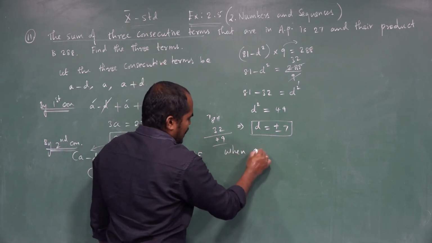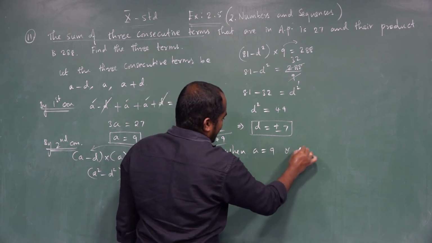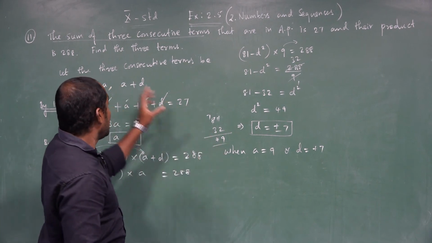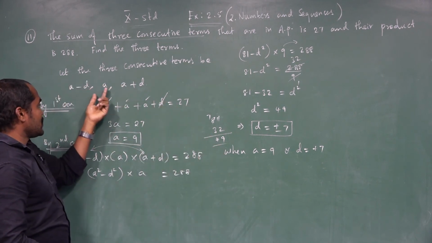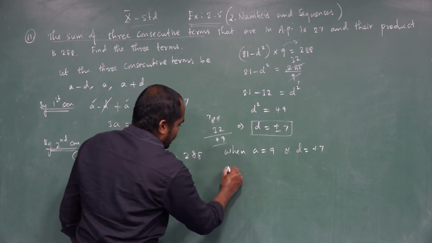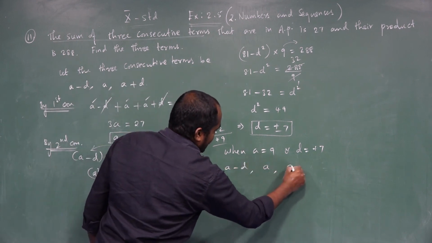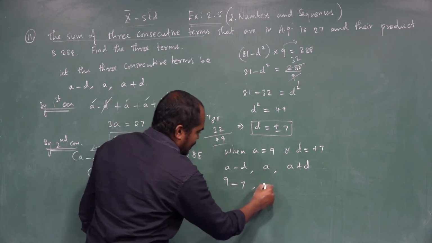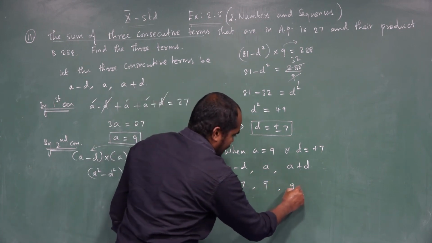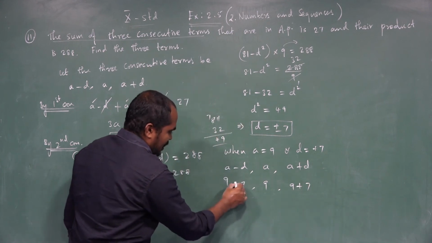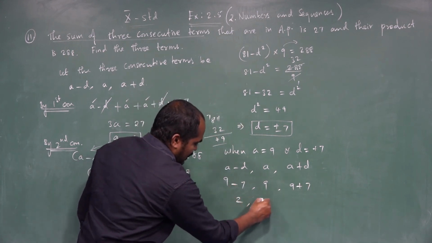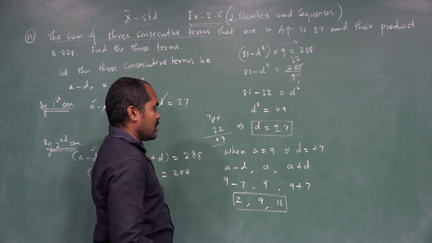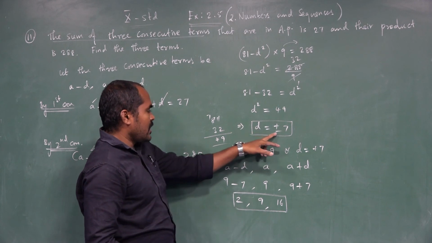When a equals 9 and d equals plus 7, in the three consecutive terms a minus d, a, a plus d, we get 9 minus 7 is 2, 9, 9 plus 7 is 16. So 2, 9, 16.